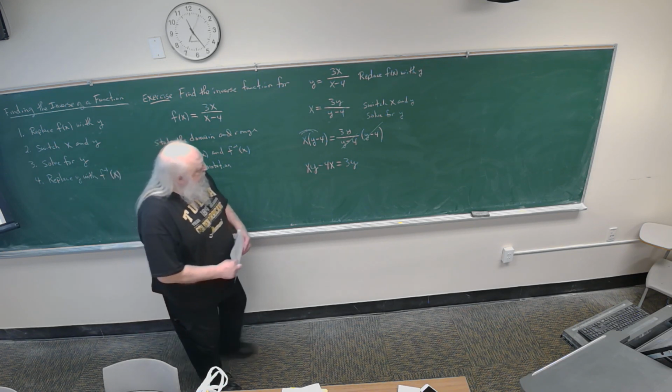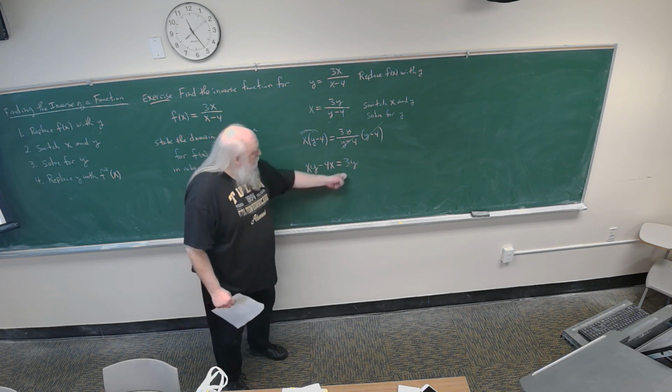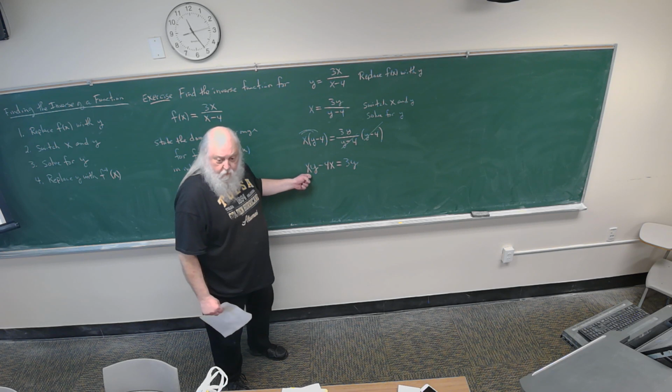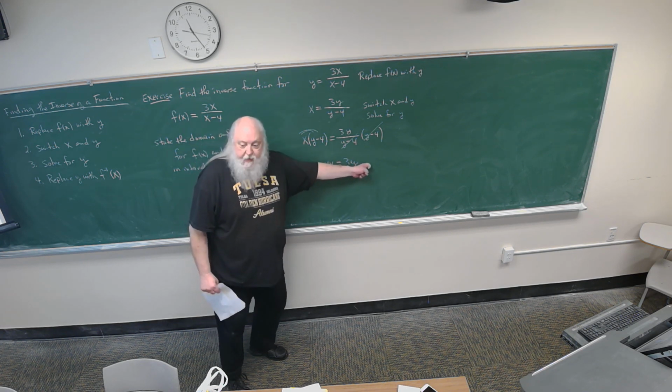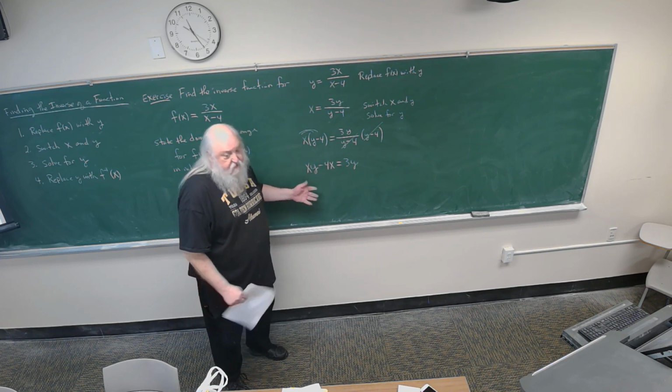And now you can see my equation has 1, 2, 3 terms in it. So I'm going to move this 3y to the left-hand side, put it with this xy. And then I'm going to move this minus 4x to the right-hand side. Then I'll be able to factor out a y on the left-hand side and solve for y.